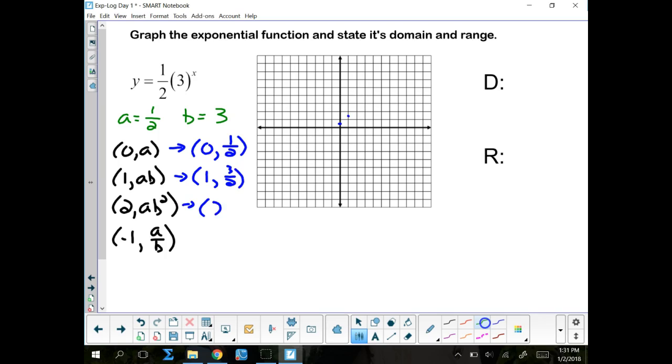Then (2, ...): well, what's 3 squared? 9 times 1/2? 9/2, right? Which is 4.5. Then -1: what's 1/2 divided by 3? Nope. Close though. 1/2 divided by 3? 1/6.